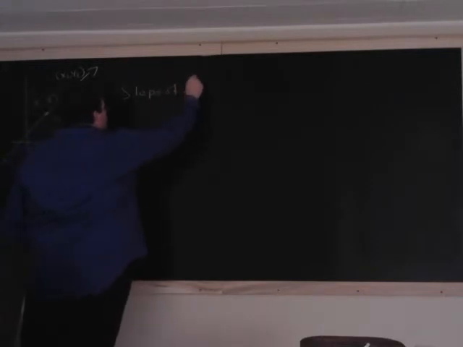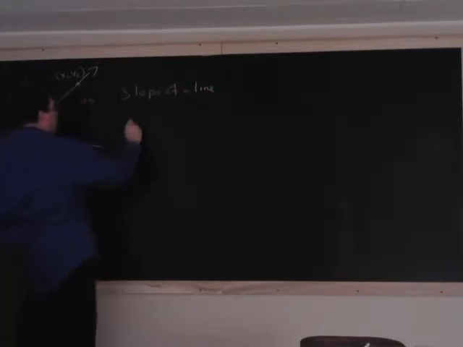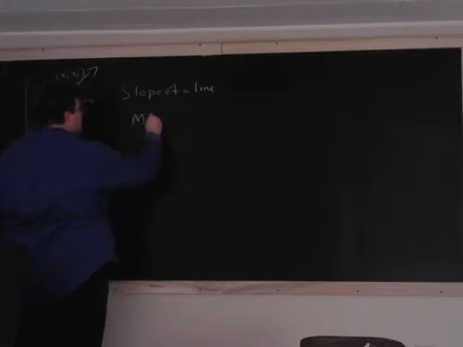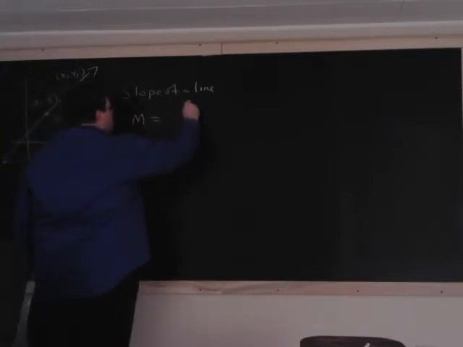The slope will be how much the y value changes for each unit of x value change. So slope of a line, we'll call it m, lowercase m, equals the change in y over the change in x.